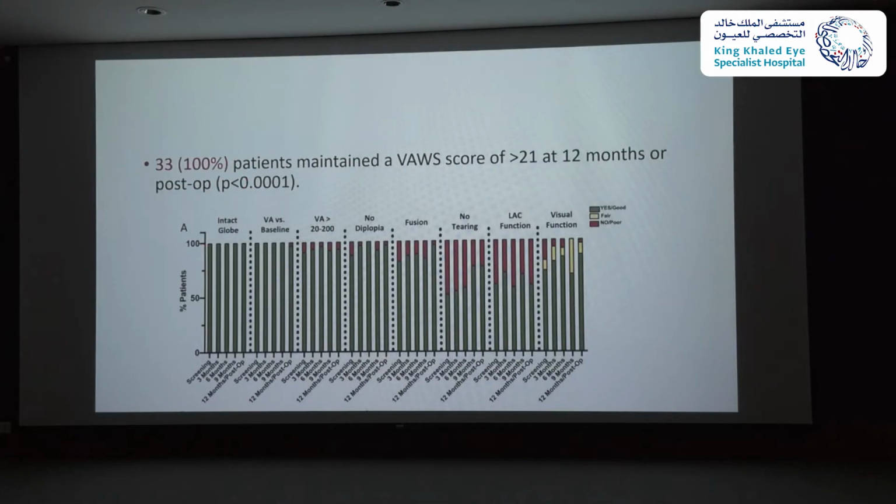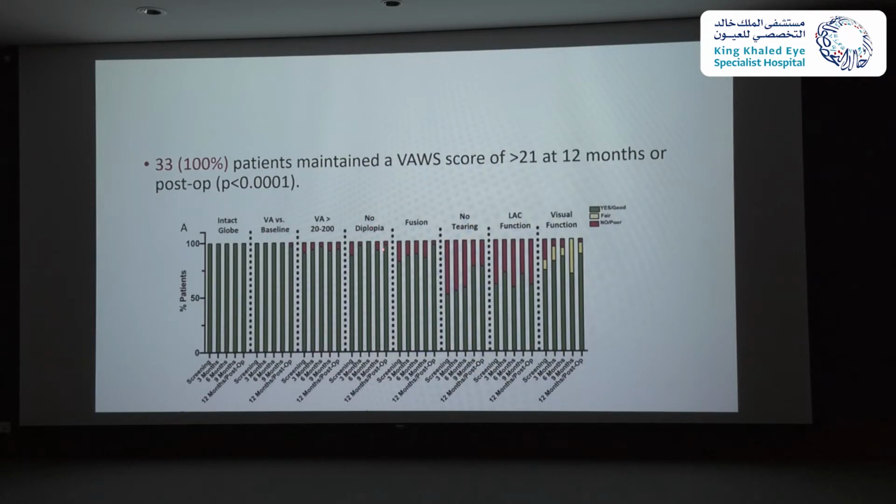All patients maintained a visual acuity score of more than 21 at 12 months or post-op. You can see here, this is at the beginning of screening, and here at the end of the treatment. And again, for the visual acuity, only one patient lost some lines compared to baseline.